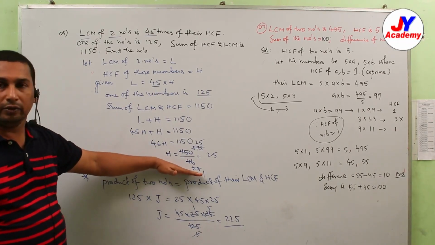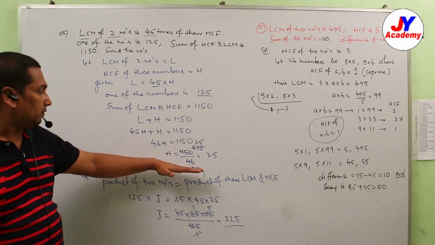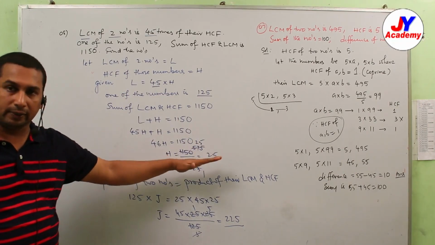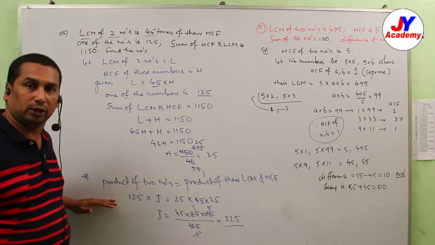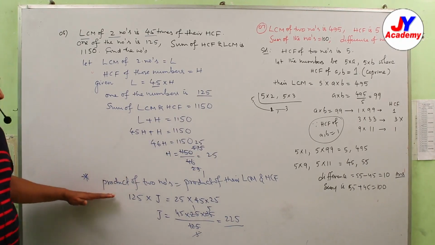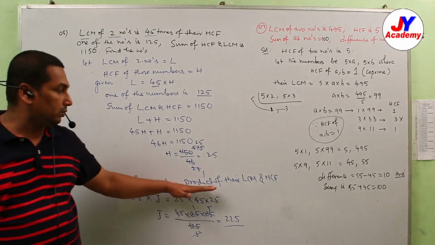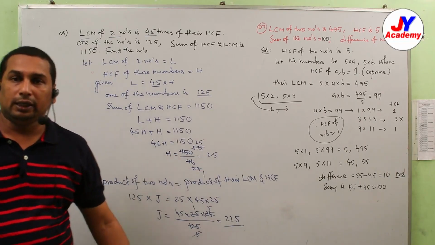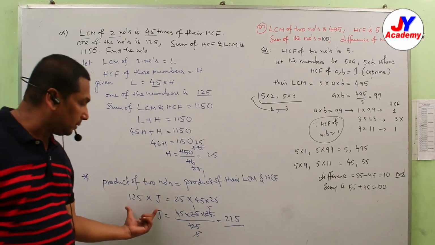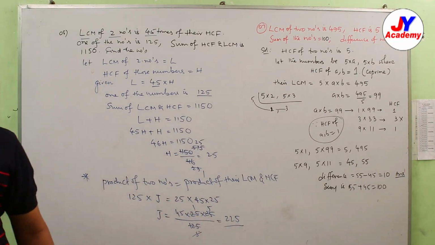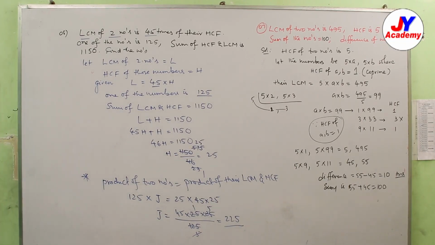Up to here we used the given data only. After getting the HCF we can find the LCM, and one more property has to be used here. What is that property? The product of two numbers is equal to the product of their LCM and HCF. By taking that property we get the second number. Understood, all of you?